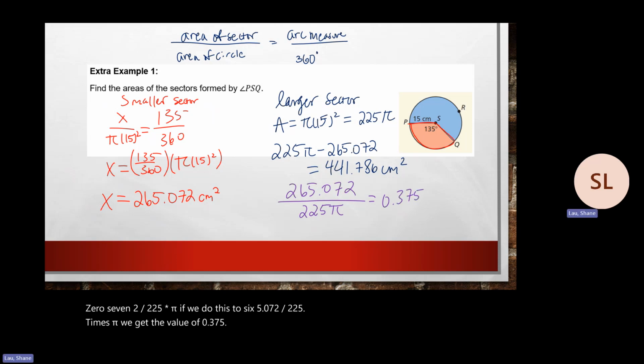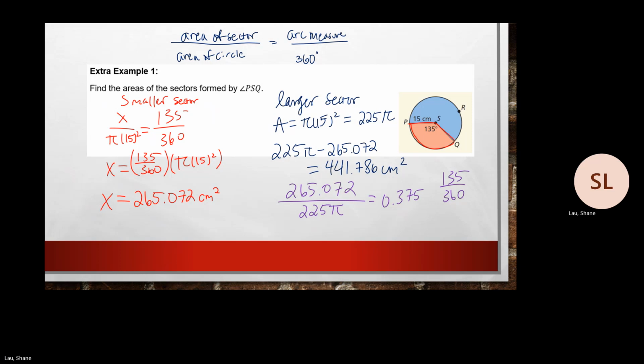That's our decimal. But if I take 135 and put that over 360, 135 divided by 360, I get the value of 0.375. We'll talk more about this tomorrow on Friday.